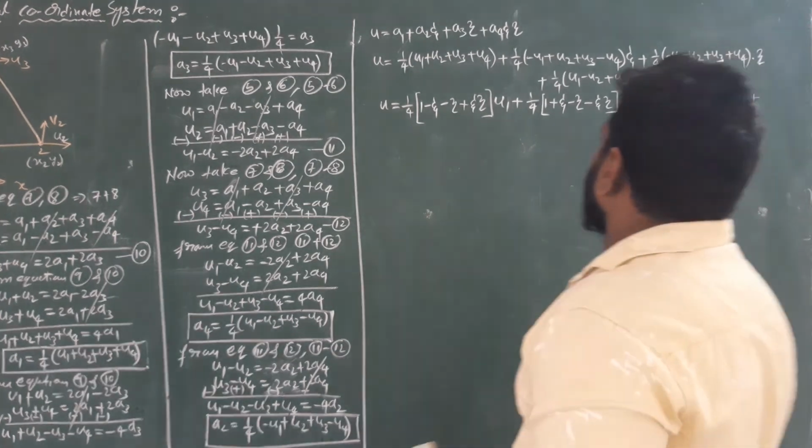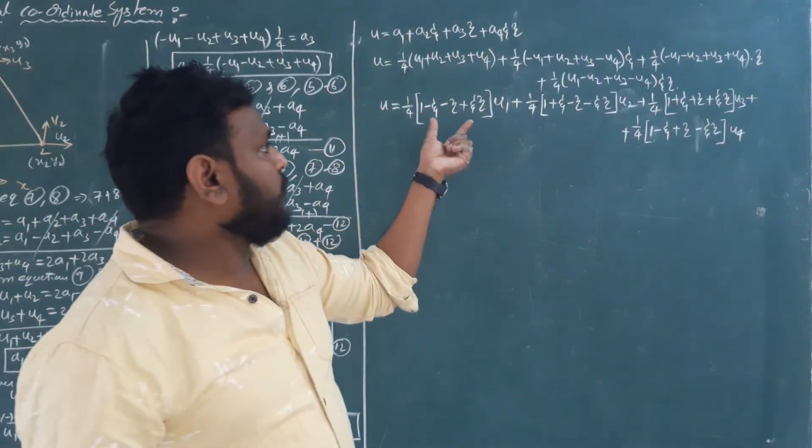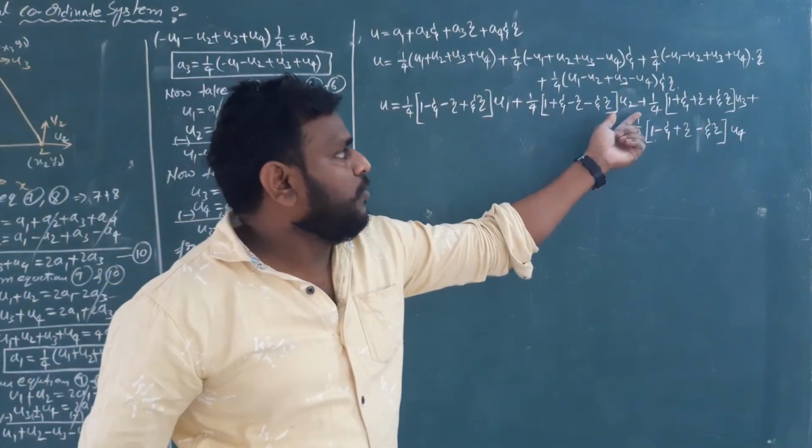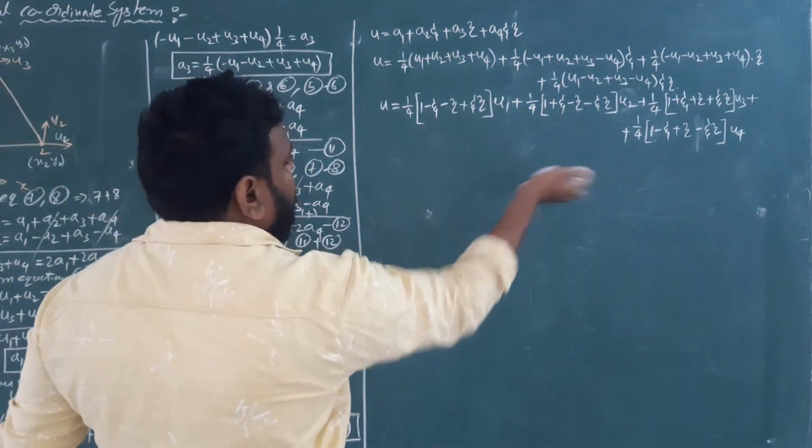This is the equation. Finally we got u in terms of n1 u1, n2 u2, n3 u3. We can simplify this equation also.